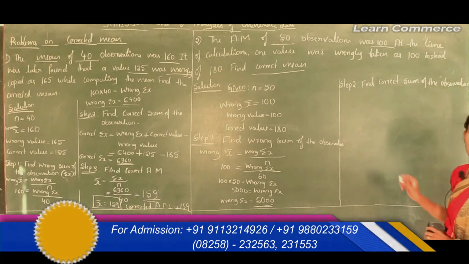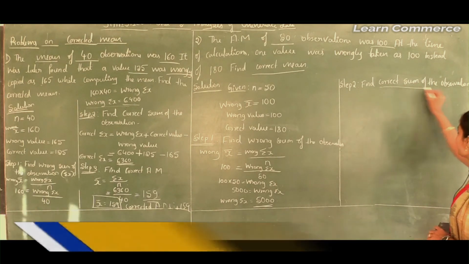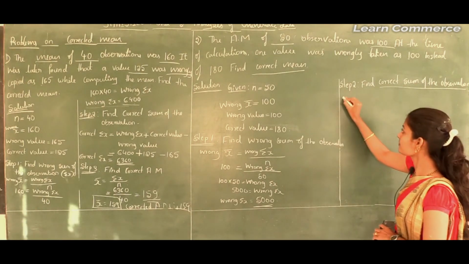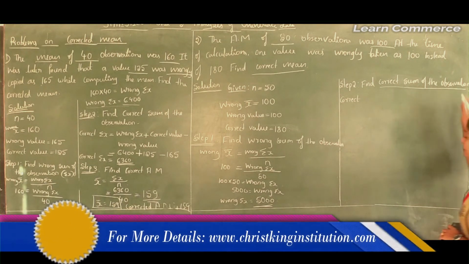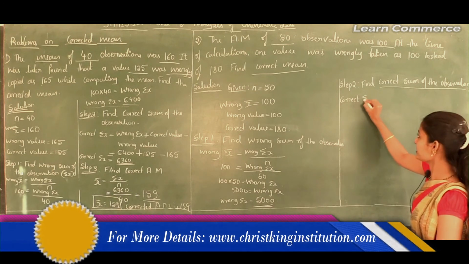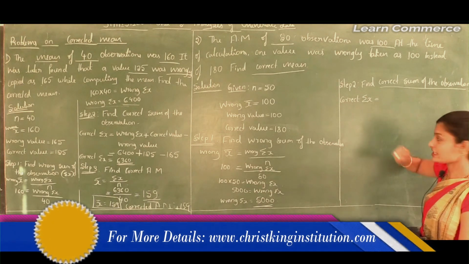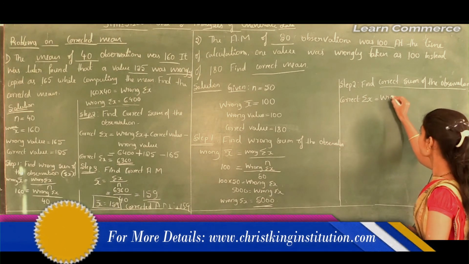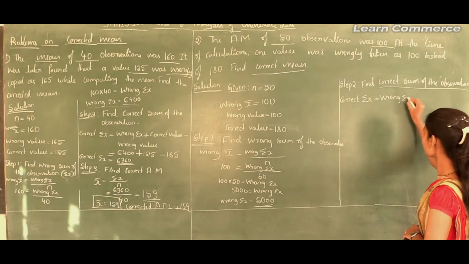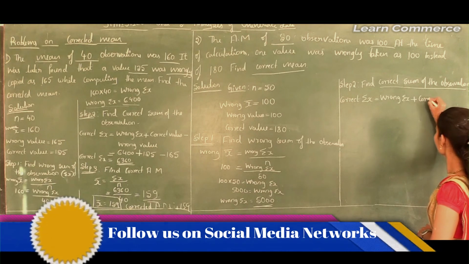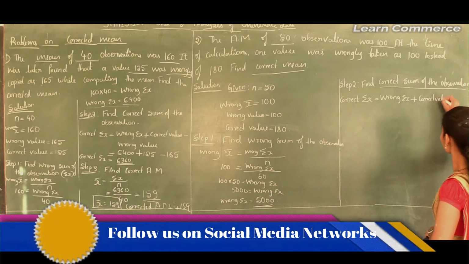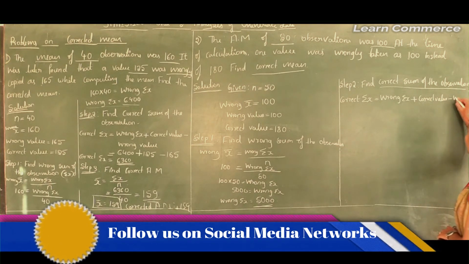The formula: we know that the sum of the observations is denoted by summation x. So correct summation x is equal to wrong summation x plus correct value minus wrong value.